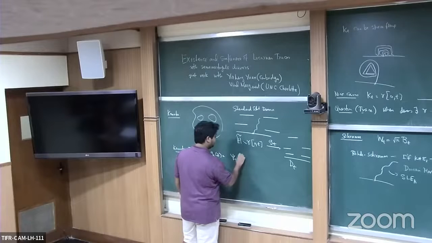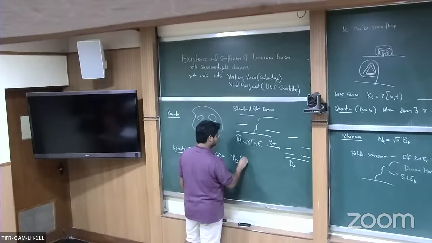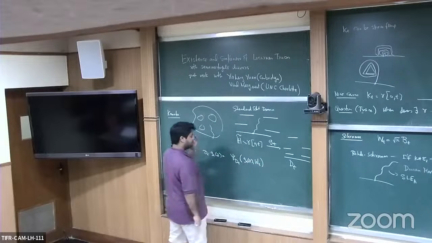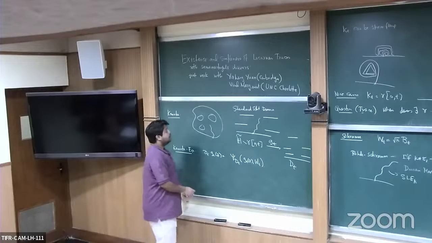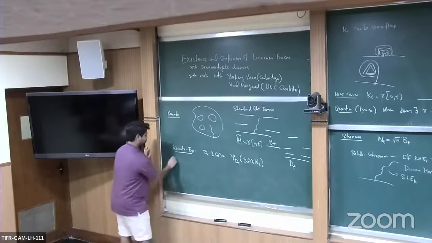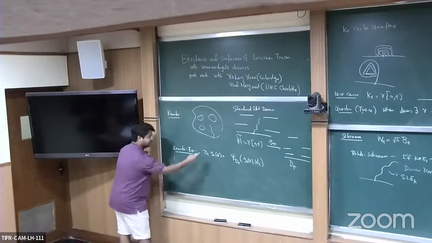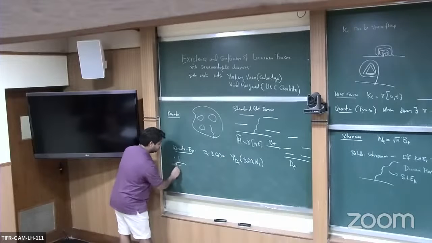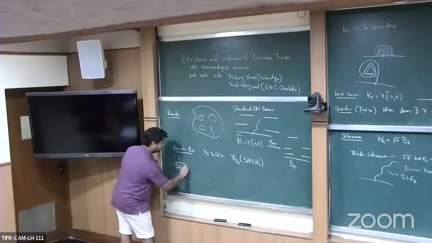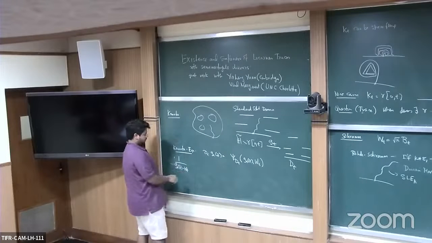Psi_dt. Now recall that in the previous case, the right hand side was g_t(z) minus W_t.